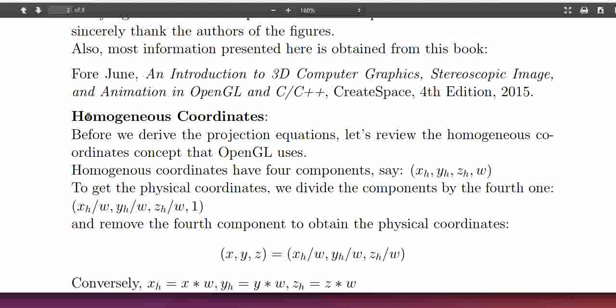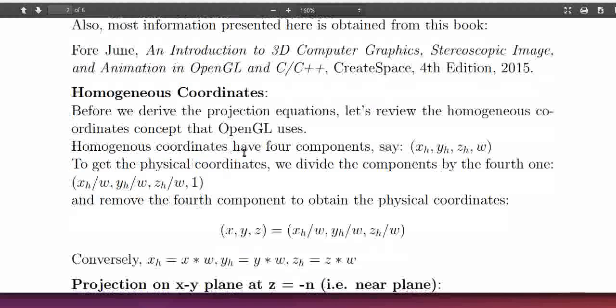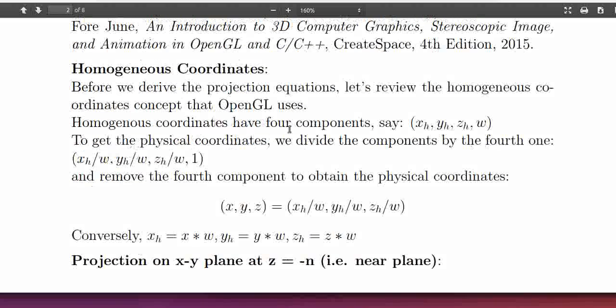Now, before we proceed, let's discuss homogeneous coordinates. Let's take a brief review of this topic, which OpenGL uses, and we will use it also in our derivation. Homogeneous coordinates have 4 components, say xh, yh, zh, and w. To get the physical coordinates, we divide the components by the fourth one.